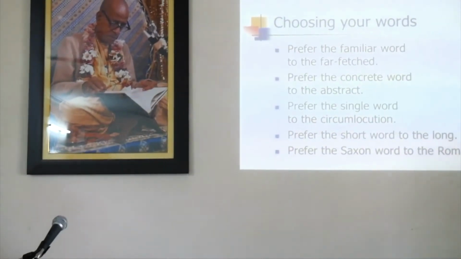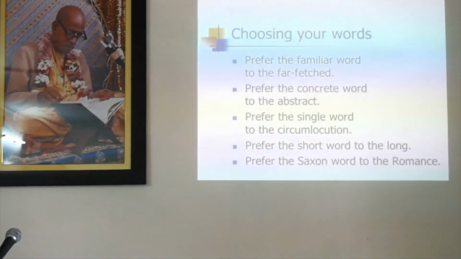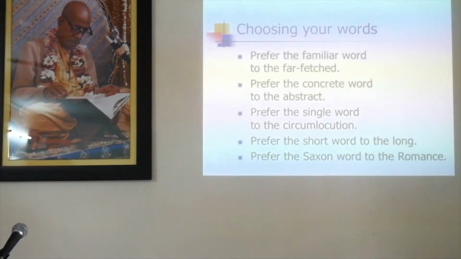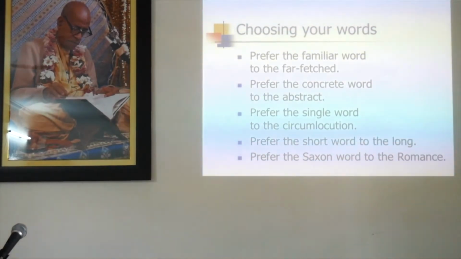This general principle may be translated into practical rules in the domain of vocabulary as follows. Now they're going to follow. Prefer the familiar word to the far-fetched. Prefer the concrete word to the abstract.